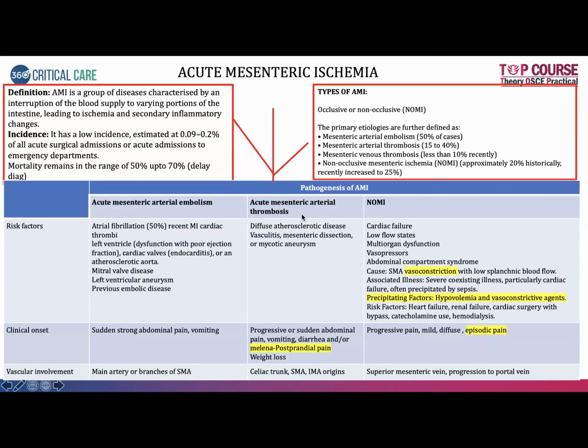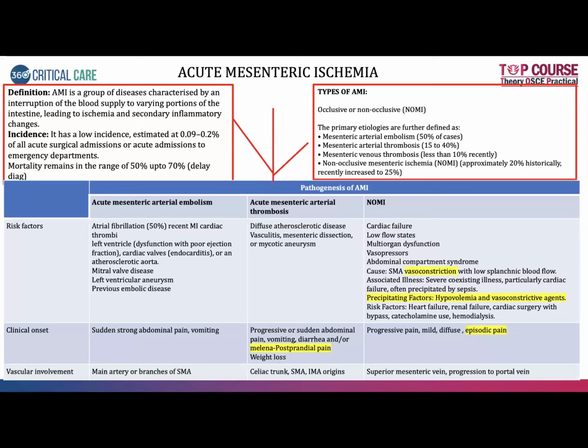Arterial thrombosis is due mainly to diffuse atherosclerotic disease, vasculitis, mesenteric dissection, or mycotic aneurysm. Whereas when we are considering non-occlusive mesenteric ischemia, always remember there is vasoconstriction. It could be a low perfusion state, like low cardiac output, low flow states, cardiac failure. The patient will be on some vasopressors, resulting in vasoconstriction, or something like abdominal compartment syndrome.